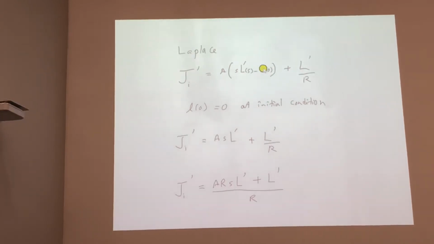After you substitute this 0, this becomes J prime equal to ASL, and L over R becomes L over R. I always tell you all, the bracket S you can always ignore because it's understood all this is already in Laplace format. So what you have is J equal to ASL plus L divided by R.